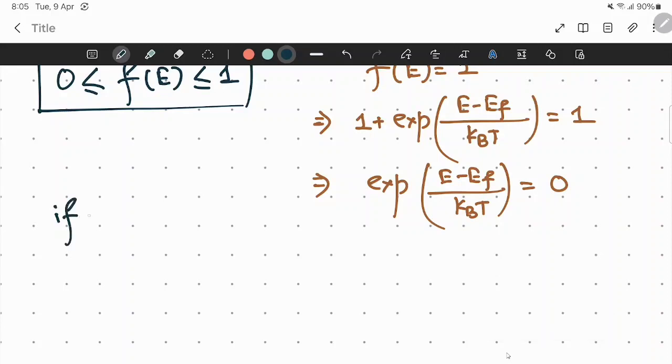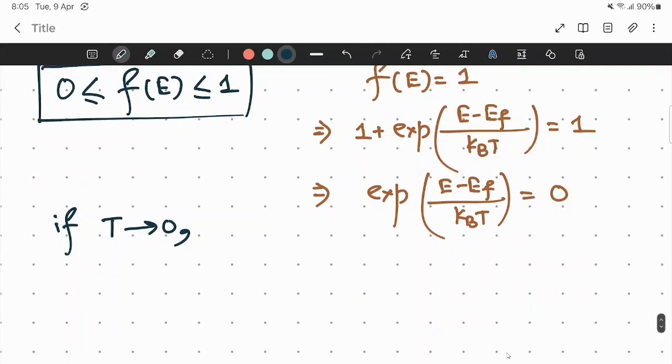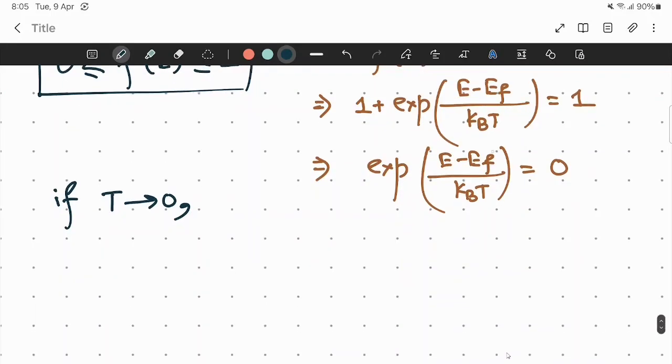If T tends to 0, near absolute temperature, it blows up, so it will be infinite, but we need it 0. When will it be 0? If E equals EF, then exponential of 0 is 1. No, sorry, we need totally 0. That means this argument to be 1 by infinity.